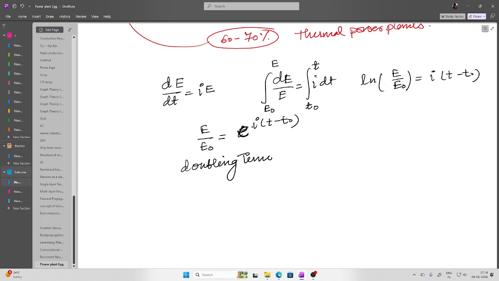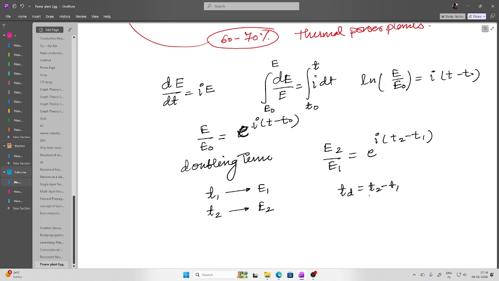Consider that in some time t1 the production was E1, and in time t2 the production was E2. The above relation can then be written as E2 by E1 is e to the power I (t2 minus t1). If t2 minus t1 is our doubling time td, then in this time the electricity production has doubled from the previous one.